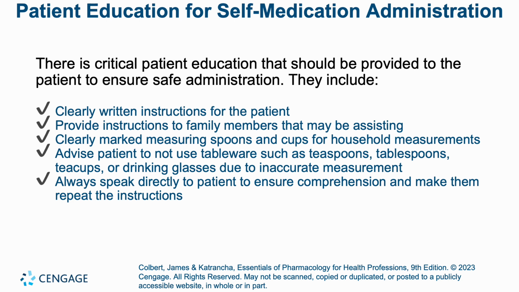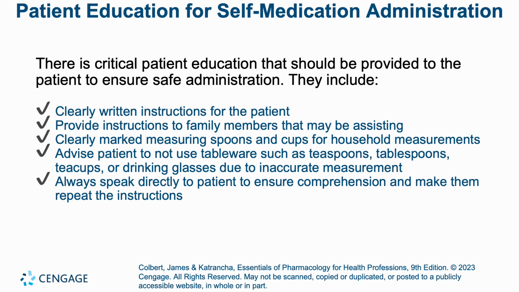Now, I've talked a lot about medication administration where the healthcare provider is giving the medication to the patient. But what about when the patient is going to self-administer? So they are doing this at home, giving this medication to themselves. There's critical education that needs to be provided to the patient to ensure that they can safely administer a medication at home.